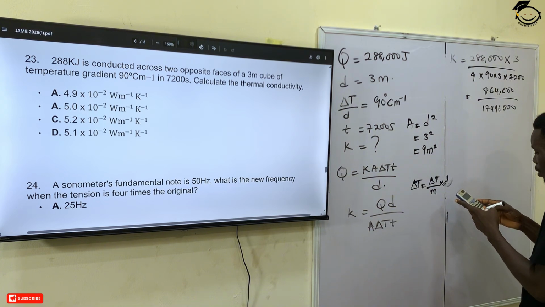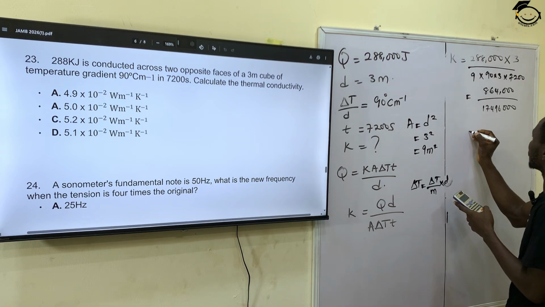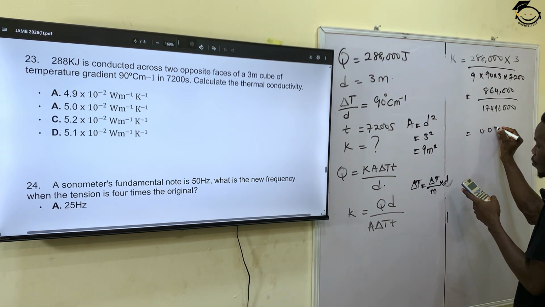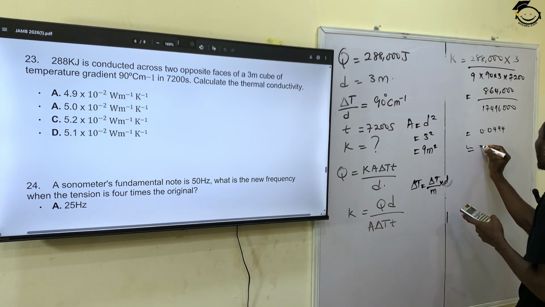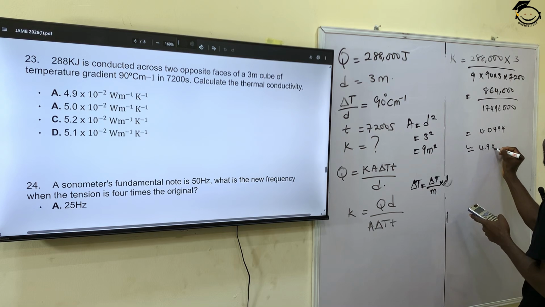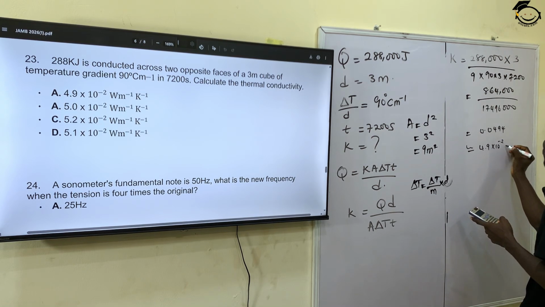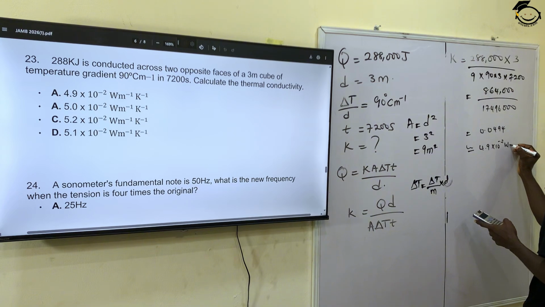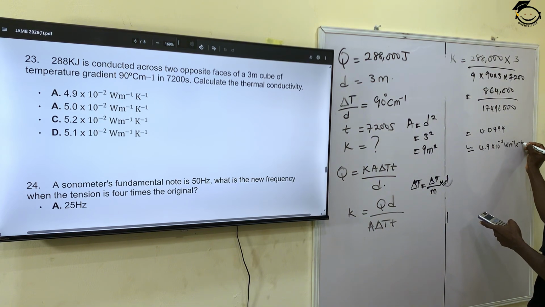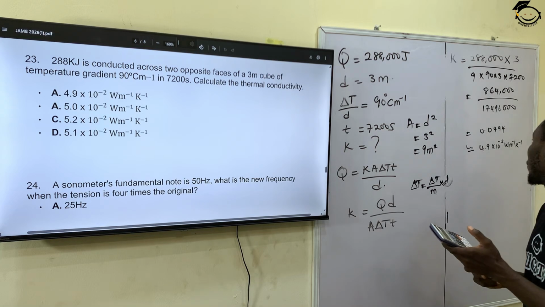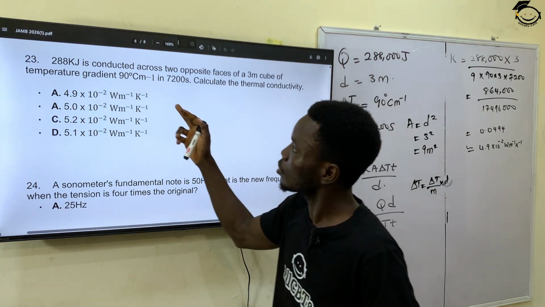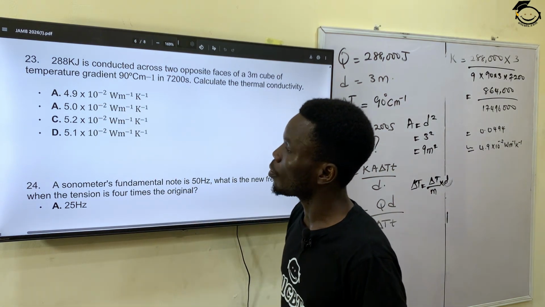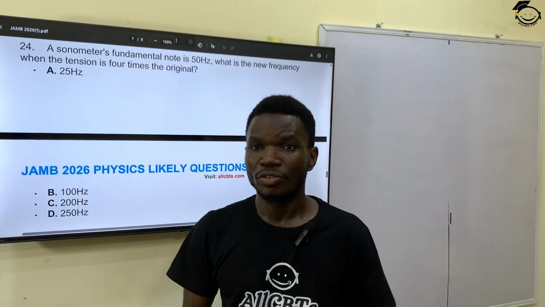So 864,000 divided by that will give me 0.0494, which is equivalent to saying that I have 4.9 times 10 raised to power minus 2 watts per meter per Kelvin. So looking at this, we're looking for 4.9 times 10 raised to power minus 2. So our correct answer to this question is option A, which is 4.9 times 10 raised to power minus 2. Moving on to the next question.